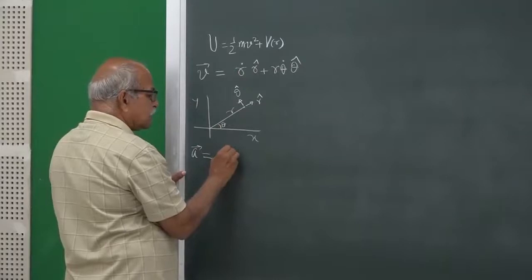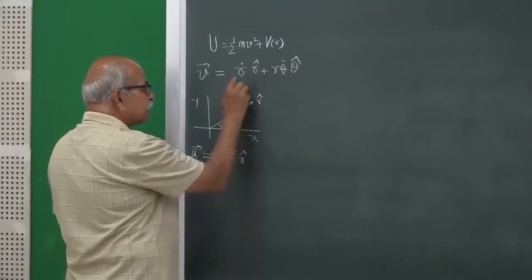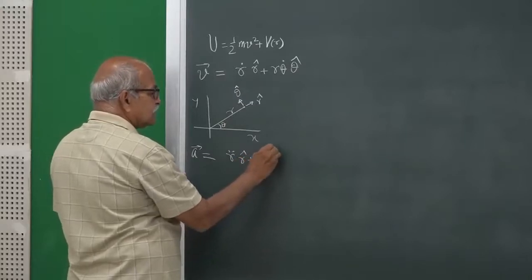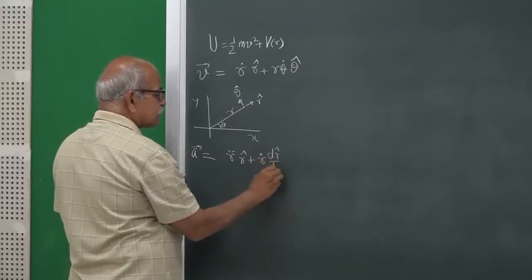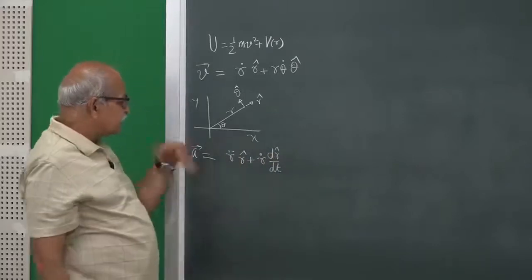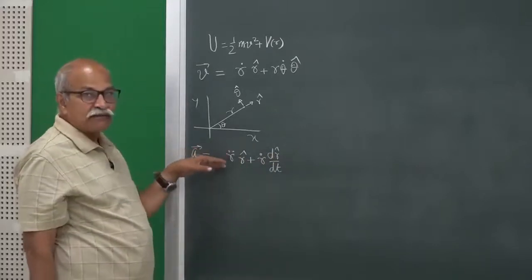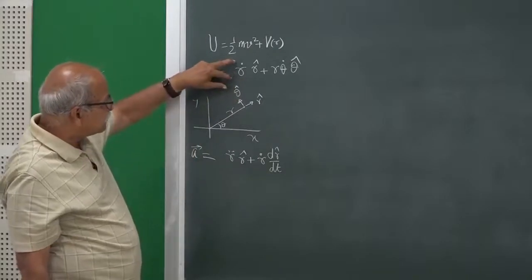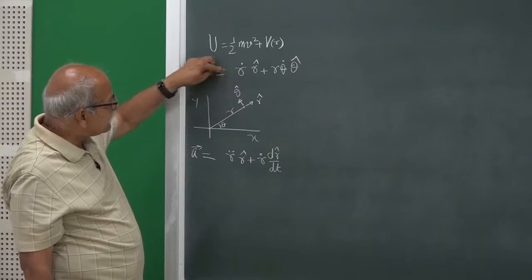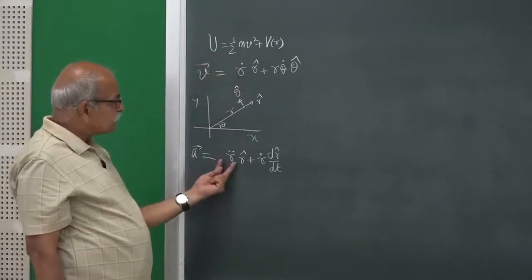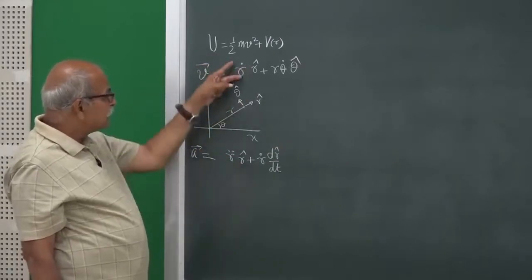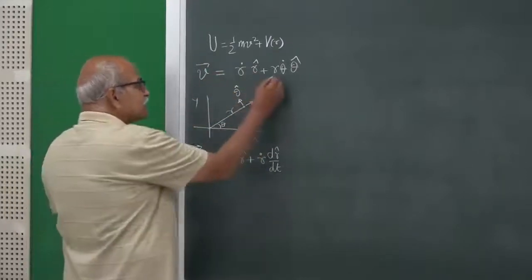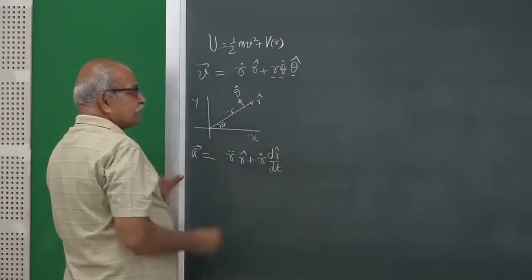If you use this, the acceleration will be r double dot r cap plus r dot d r cap dt. Double dot means the second differentiation with respect to time. So, when you differentiate r dot with respect to time, d2 r by dt square is written as r double dot r cap, then keep this r dot here and differentiate this. Here you have three quantities r, theta cap and theta dot.